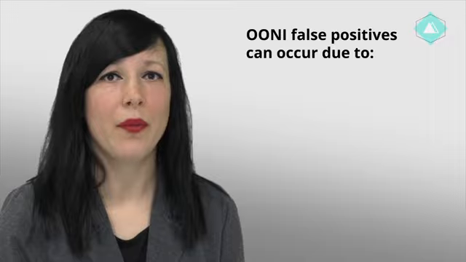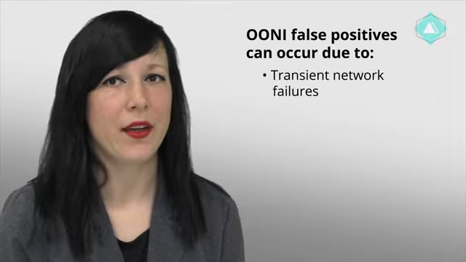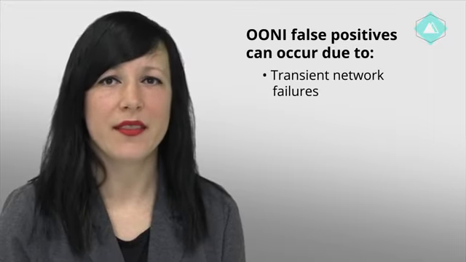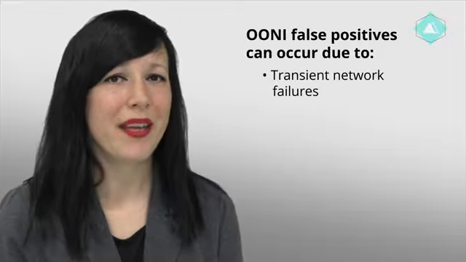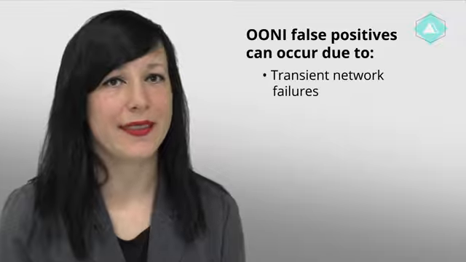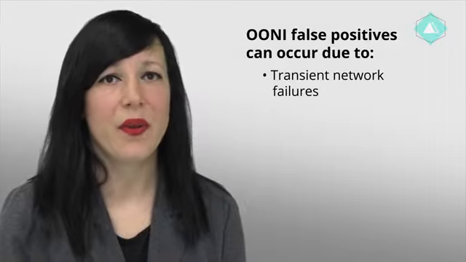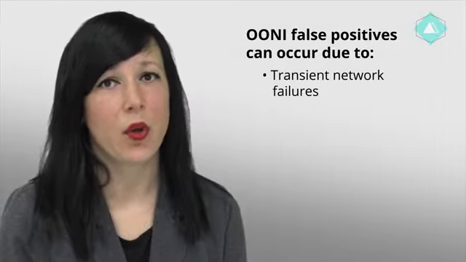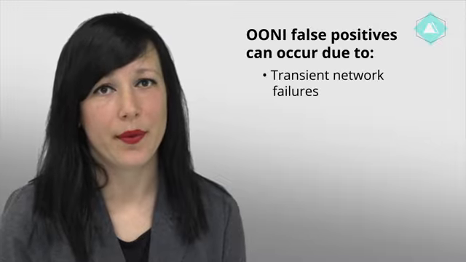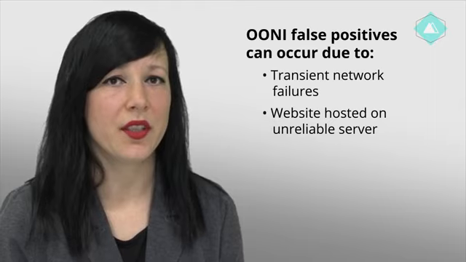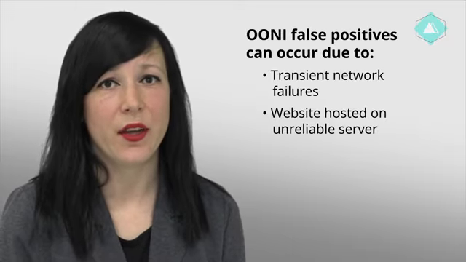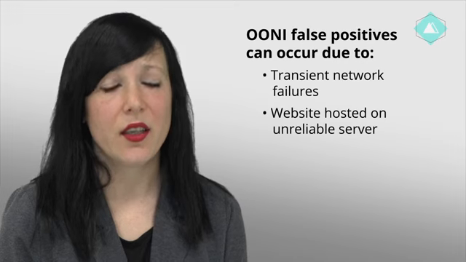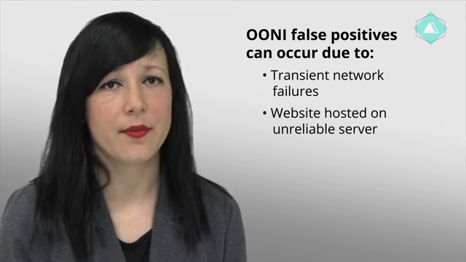False positives commonly occur due to transient network failures. If OONI probe tests are performed on an unstable network, the test results may show signs of potential TCP/IP interference, when in fact, network errors can cause the TCP connection to drop. If a website is hosted on an unreliable server, the tested website may return failures, even though it's not blocked, resulting in false positives.